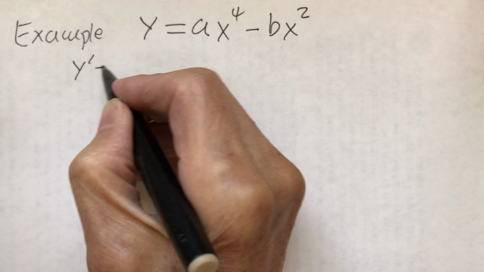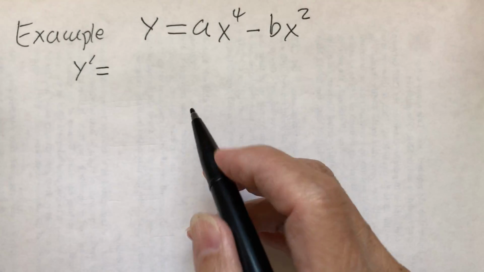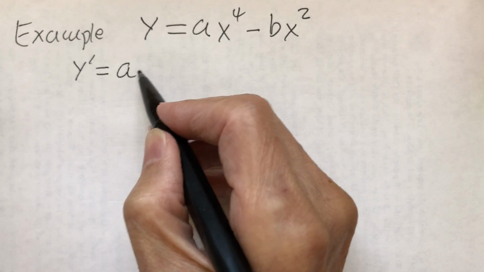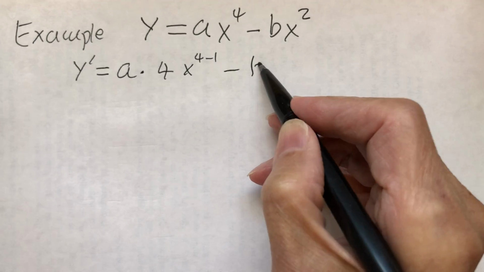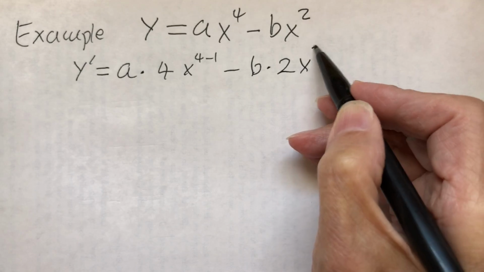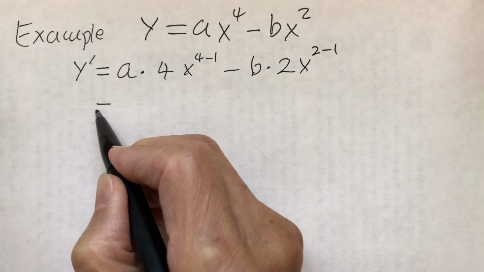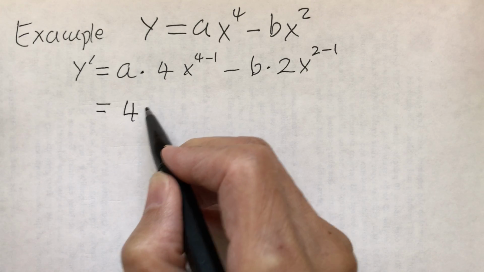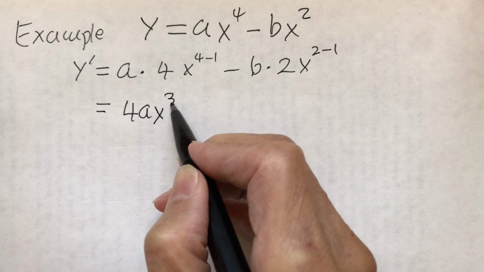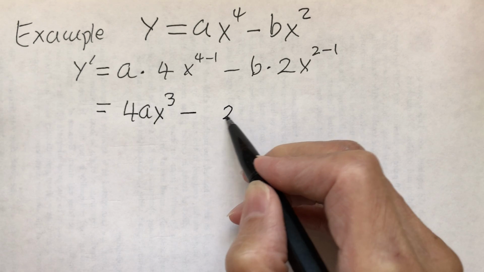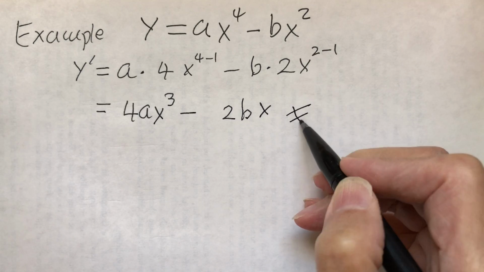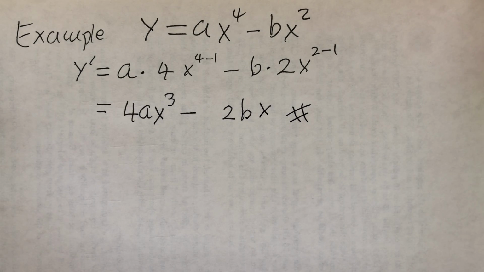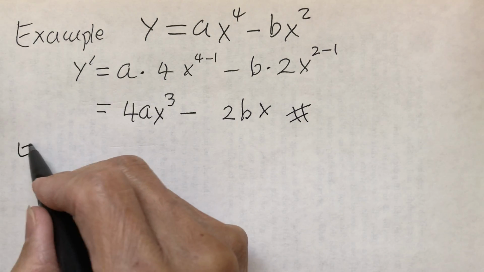Okay, the derivative is just apply the constant multiple rule. a times 4 x to the power 4 minus 1, minus 2 b x. So this is the answer. Okay, let's have another example.